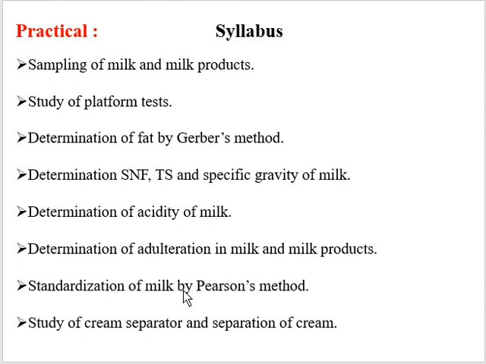Then next is the study of cream separator and separation of cream. In this practical we study the body parts of the cream separator and how the cream separator actually works.